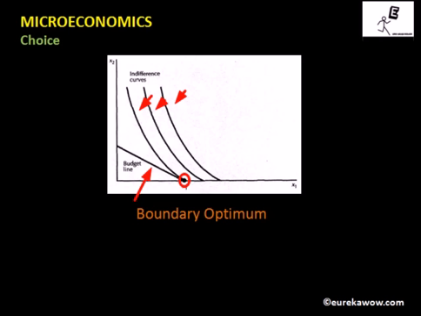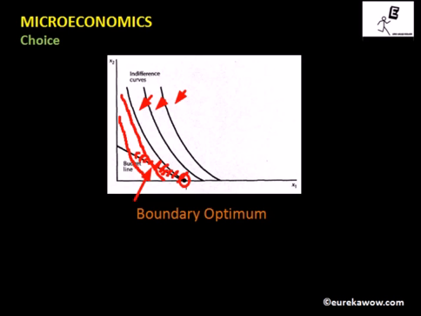Because if we take any other indifference curve, suppose we take an indifference curve like this here, clearly there will be a portion of the budget line which will be lying above it. If we take an indifference curve here, again there will be a portion of the budget line which will be lying above it, and therefore there will be certain bundles which will be affordable as well as lying on a higher indifference curve.